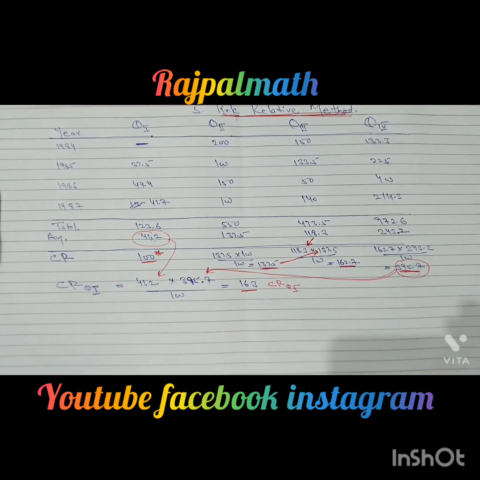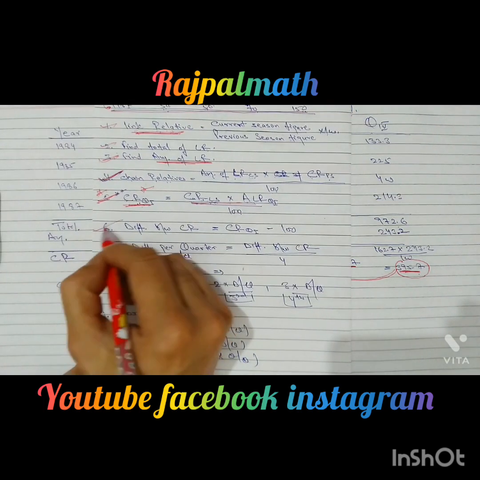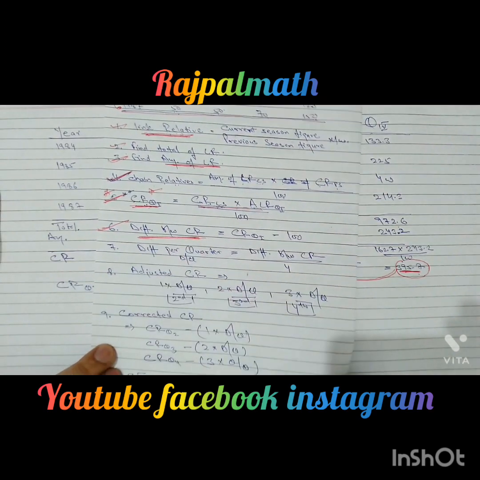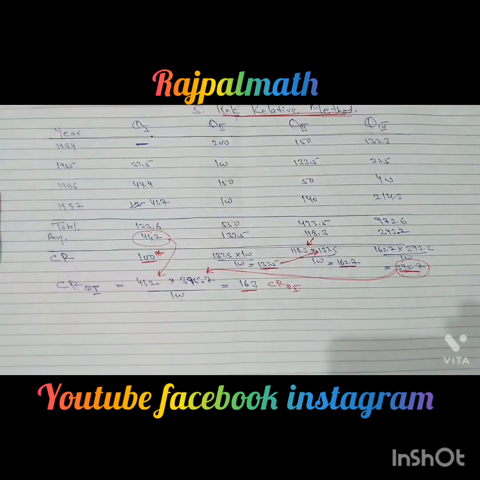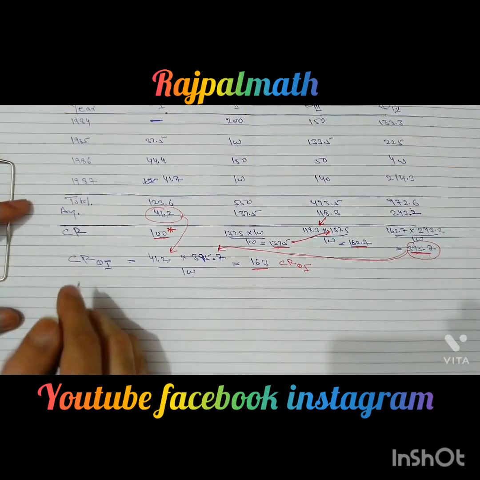Now step number 6: find the difference between CRs. Again, the next step is to find the difference between CRs.